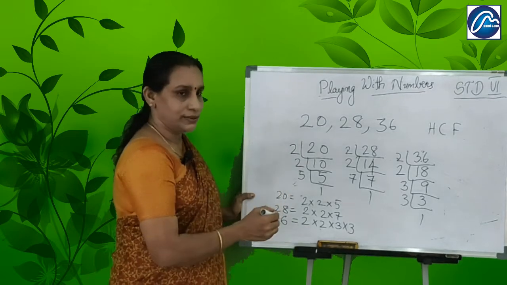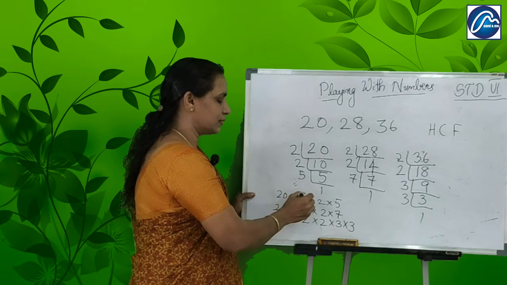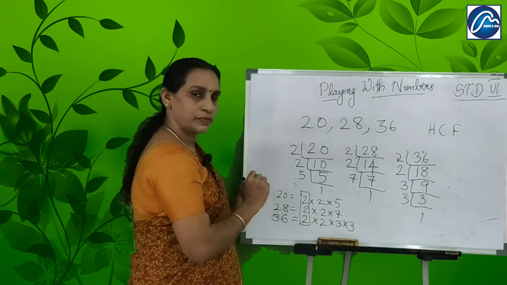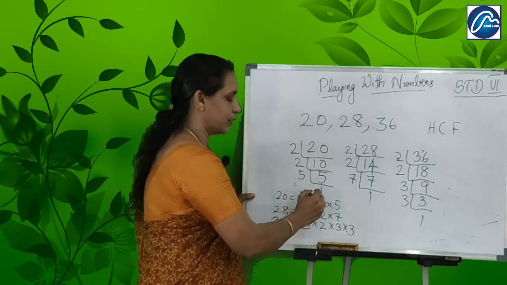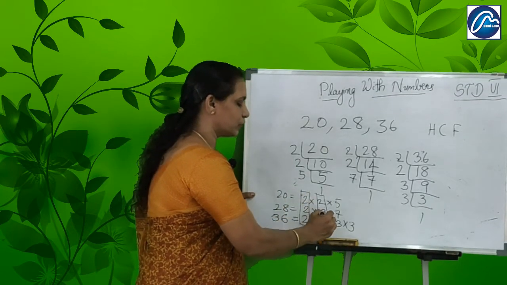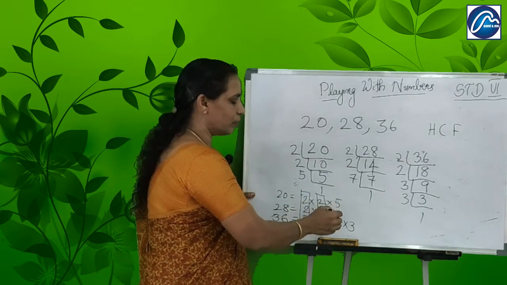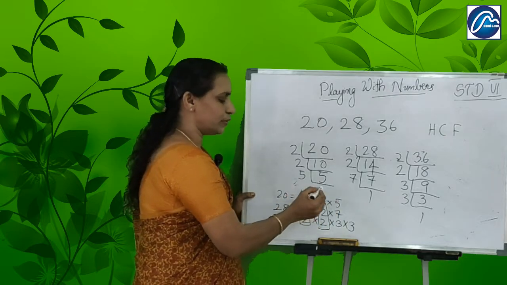But we can check which are the common factors among all of these. Only 2 into 2. 2 is a factor of all these numbers. Another 2 also is there. And is there any common factor among the 3s? No. So, only 2 and 2.